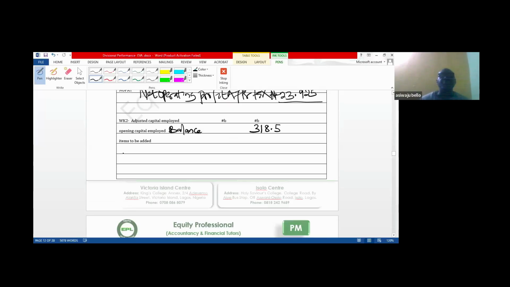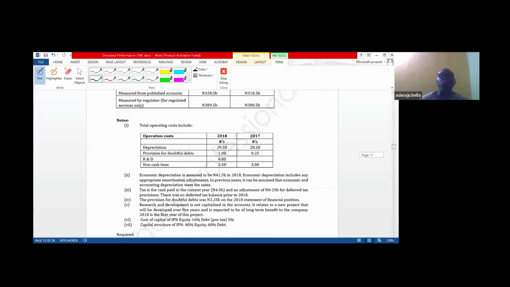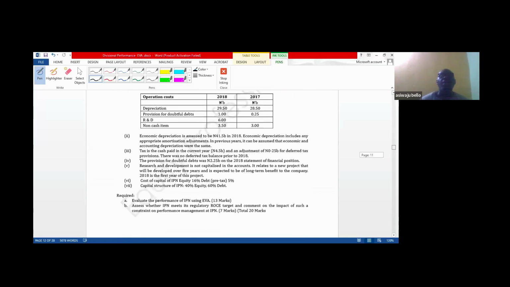Items to be added. Go and check. Do we have operating lease assets? Look at the additional notes. We don't have operating lease assets.